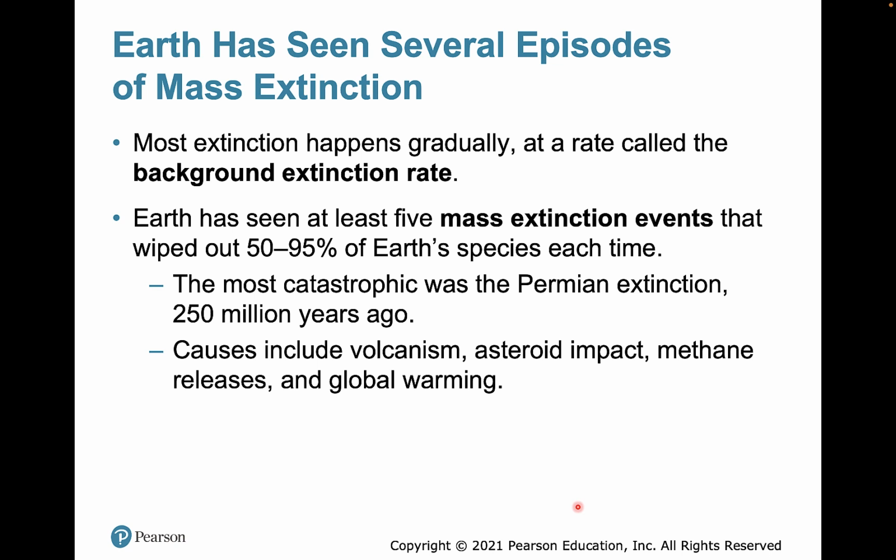The biggest one was about 250 million years ago at the boundary between the Permian and the Triassic. Okay, that was huge. That was caused by volcanism, which we're going to look at again in a minute. Some of the causes other than volcanism were asteroid impacts, which you know about from the dinosaurs, methane releases, which changes atmospheric composition, and global warming. If you can't deal with changing temperatures either way, too hot or too cold, you're not going to survive.